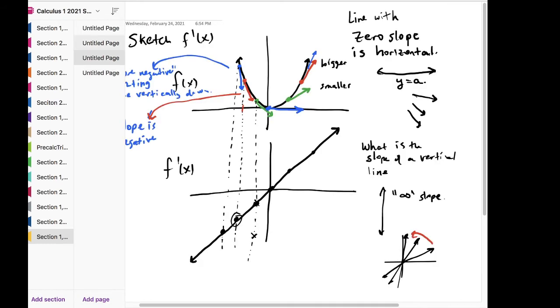Positive means it's pointing up, right? Negative means it's pointing down. And zero is flat. So the further away you are from zero means you're pointing more up. The more you point up, the more it's infinite.